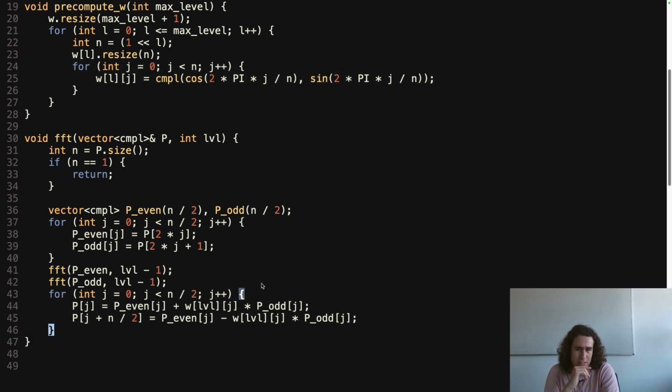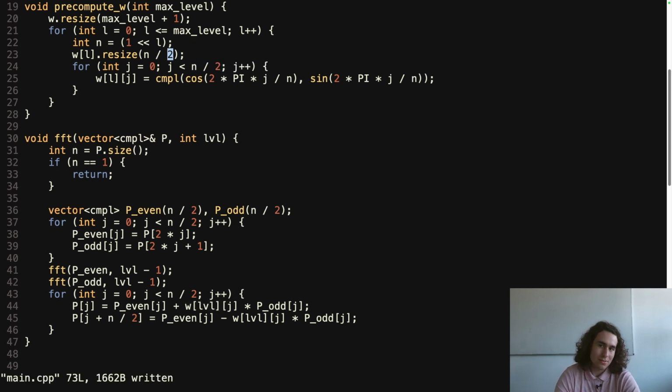On level n, we use w level j, but we only use it for j from 0 to n half. So actually we never use all n roots, we only use n half roots. So you can actually easily improve the time complexity of this pre-computation by a factor of 2. Just calculate n half roots rather than n.